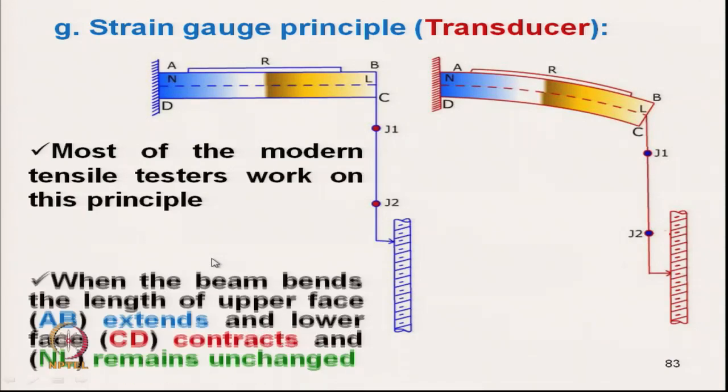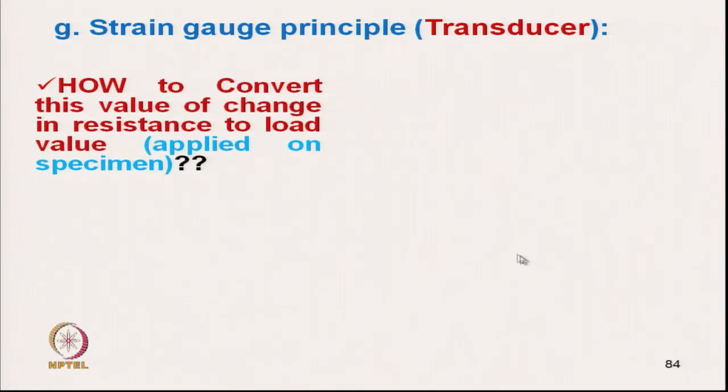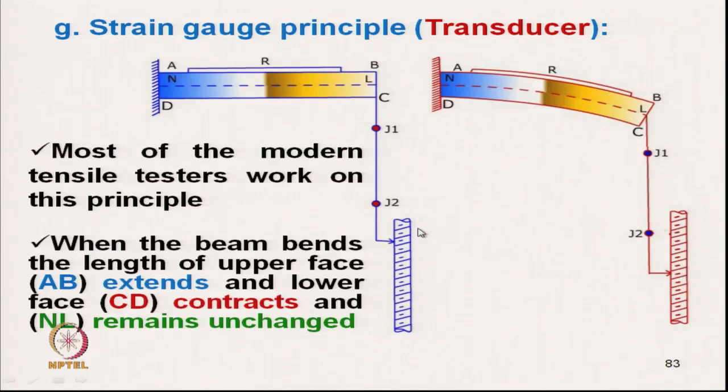Okay. When this beam bends, it has three layers: upper layer, middle layer, and bottom layer. For any bending, the top layer gets extended and the bottom layer gets contracted, and the middle layer remains unchanged. Then how to convert this to a value?